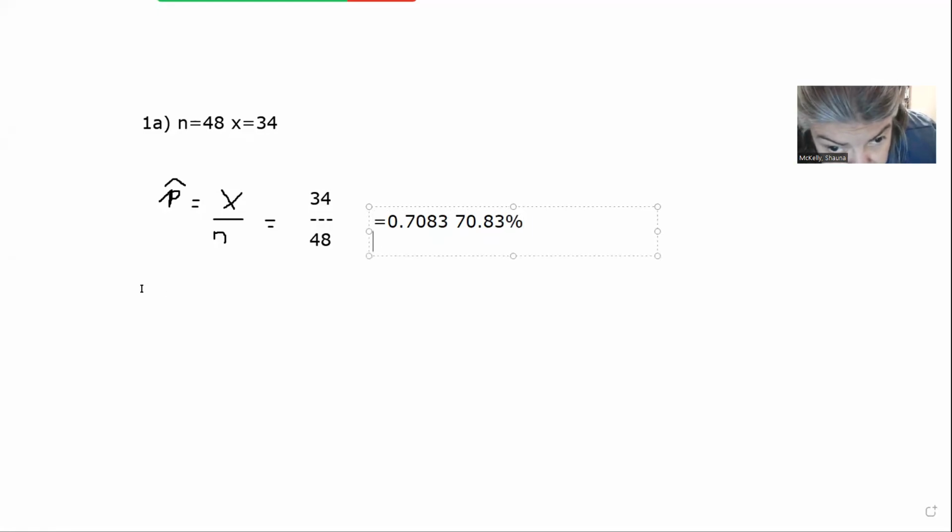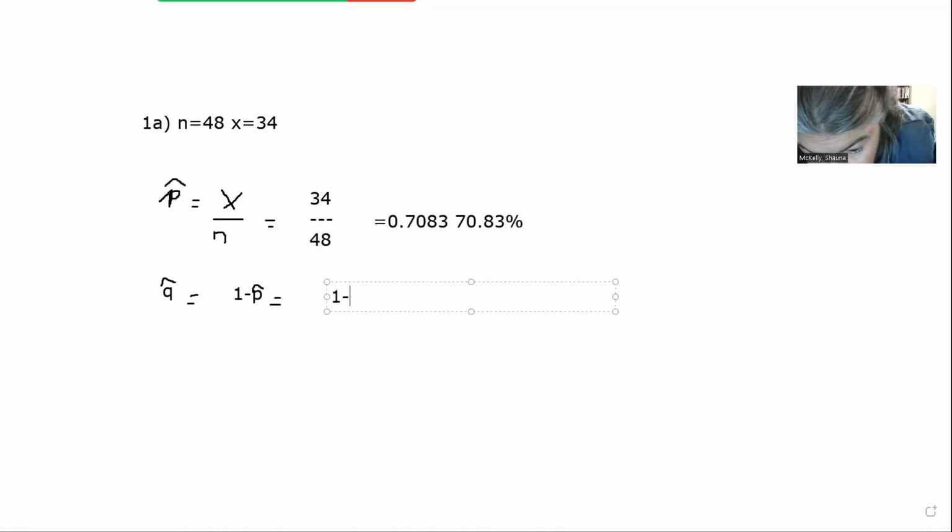And q hat here is 1 minus p hat. So we know this is 1 minus p, and this is a p hat here. So this is equal to 1 minus 0.7083.